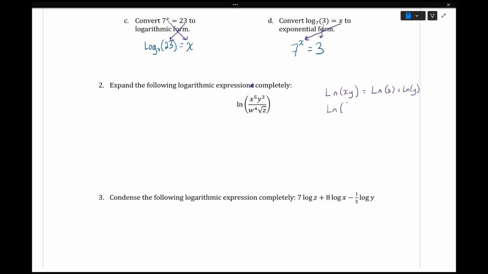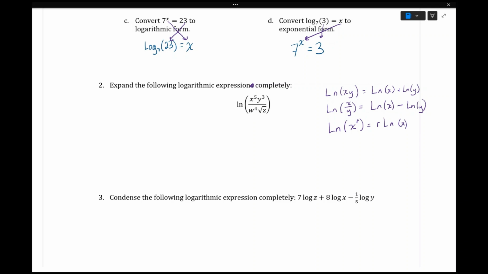A log of a quotient is equal to a difference of logs. And a log of a power is the same as r times log of x.